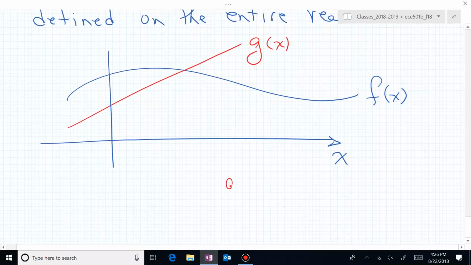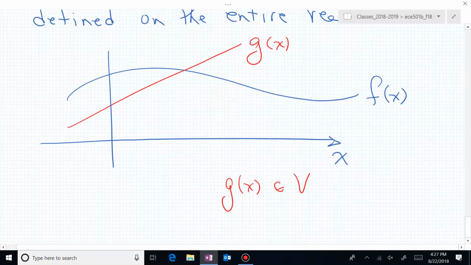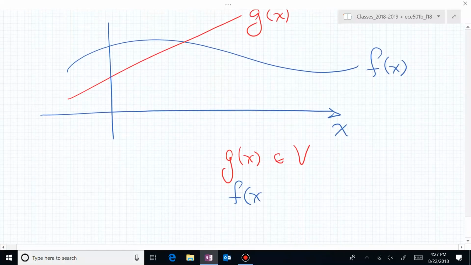Here, I'm saying that g, just because in the curly brackets for the definition, I said f, well, g is there, h is there, whatever I wanted to define, as long as I say g is an element of the vector space V. Likewise, f is also an element of the vector space.